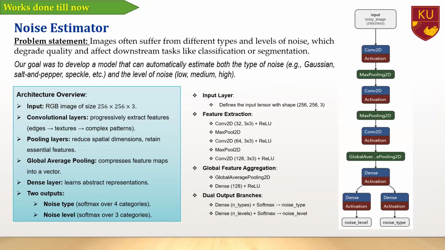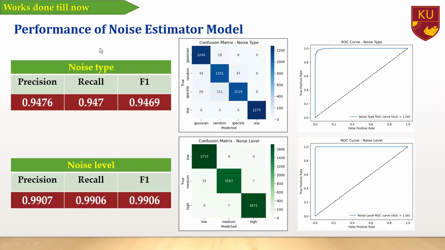So these are the layers of the noise estimator model. And for the performance of the noise estimator model, in noise type prediction, its precision is 0.9476, recall is 0.947, and F1 is 0.9469.